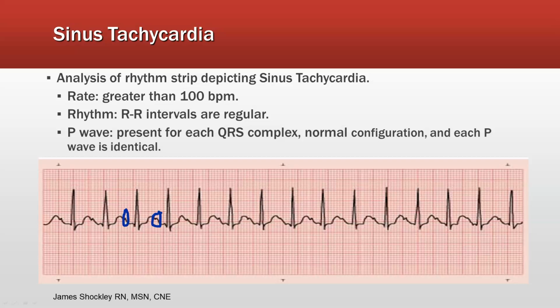So I understand from a basic nursing standpoint that if I can't really see the P, then I look for my skinny QRS, right? Otherwise, the only thing I need to do is count my rate, because I have a P for every QRS. Heart rate's between 100 to 150. It's a sinus tachycardia. What I want to do is treat the underlying cause.